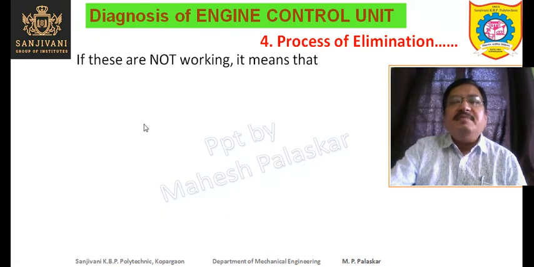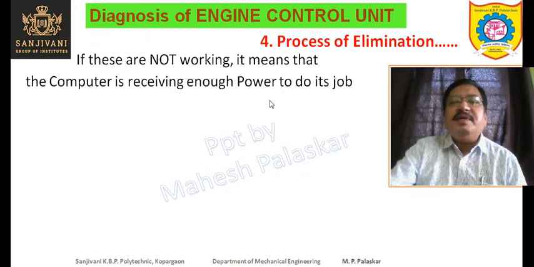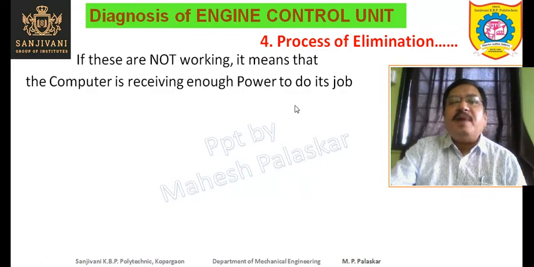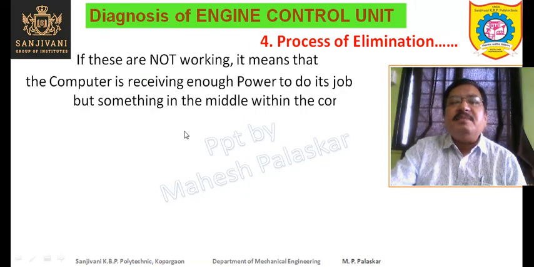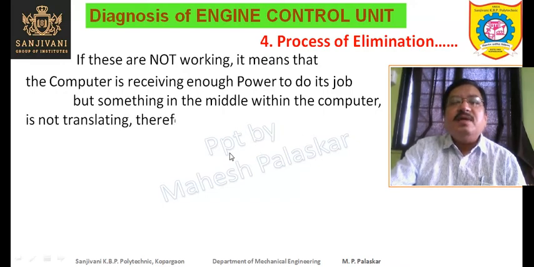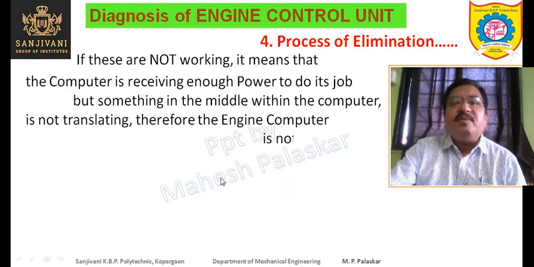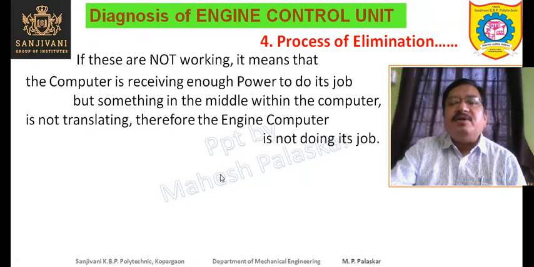And if these are not working, it means that the computer is receiving enough power to do its job, but something within the ECU is not translating. Therefore the engine computer is not doing its job.